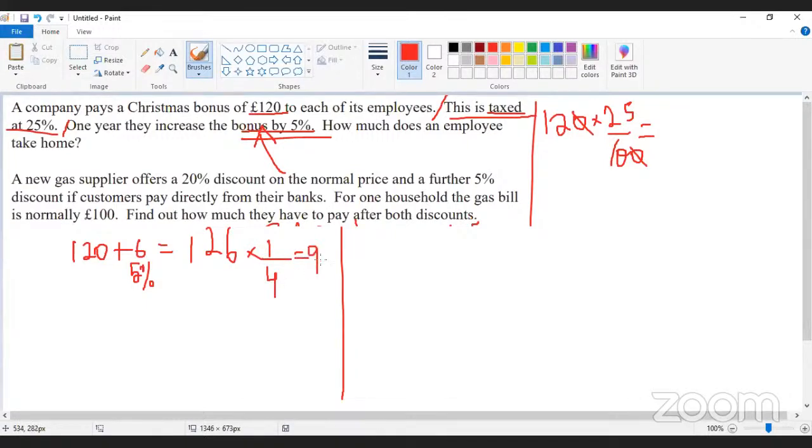So at the end 31.5 is deducted and you are being paid 75%, that is 94.5. Now, let us take the second case. For this 120, 5% is deducted, so that is 6 deducted. Am I correct?